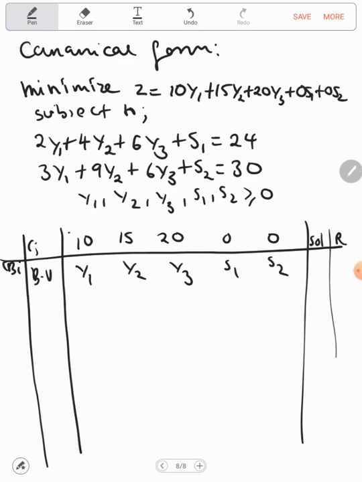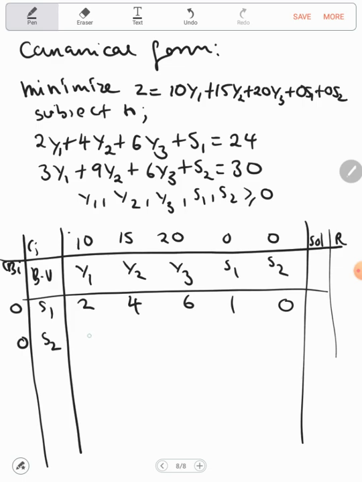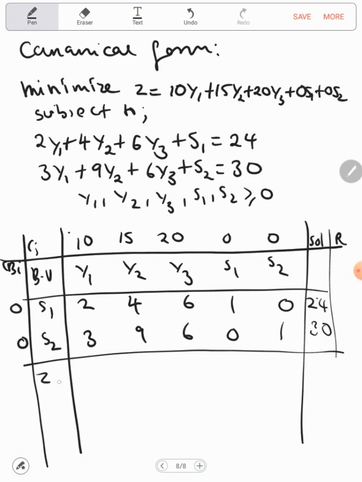We have s1 and s2, these are zeros. Then you have 2, 4, 6, 1 and 0, 3, 9, 6, 0 and 1. Solution is 24 and 30. And then we can form Zj and Cj minus Zj. So Zj here will just be 0, 0, 0, 0, 0. And then 10, 15, 20, 0, 0. And then this is 0.